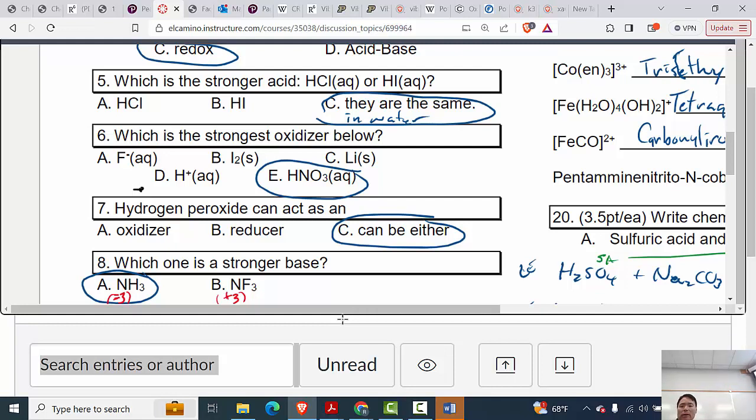Now, it's not equally adept as an oxidizer or as a reducer. It does have a preference, and that preference is as an oxidizer. It's a much stronger oxidizer than it is a reducer. And so normally when people think about hydrogen peroxide, they think it's a strong oxidizer.